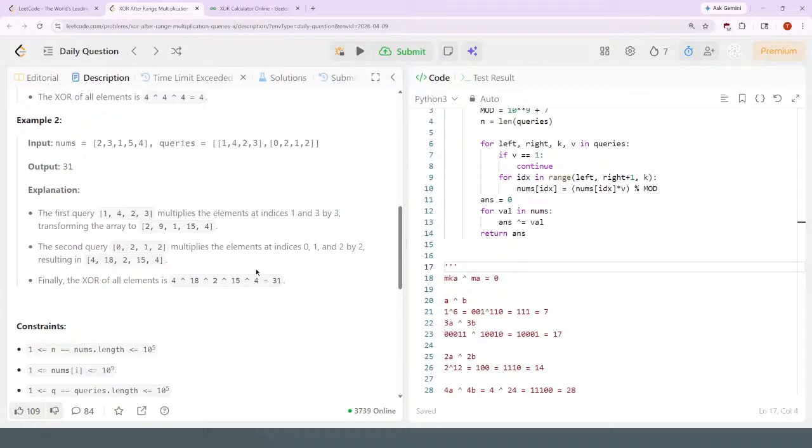If I start in a range, is there a fancy way to track this? 2 times 2 times 2 times 2.